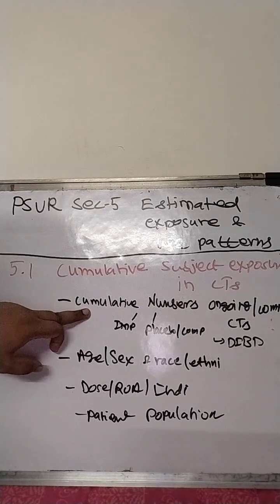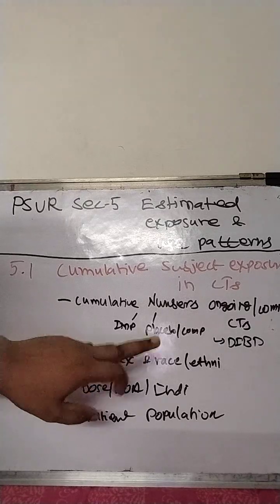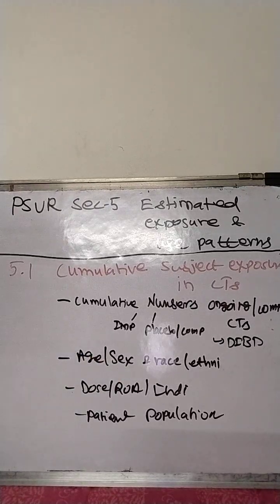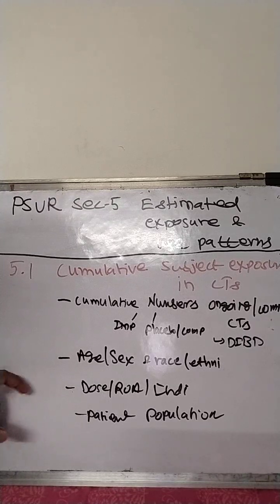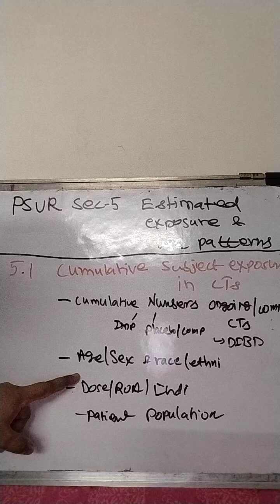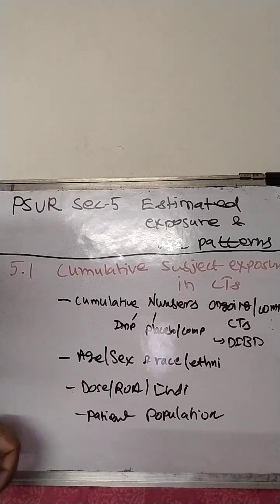This could be the master table. Further you can derive this table by age, sex, race or ethnicity. Based on the investigational medicinal product, you can subdivide it and give it clearly based on the dose, route of administration, indication, or population.